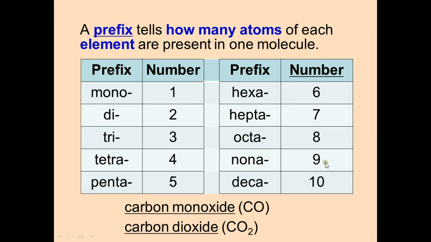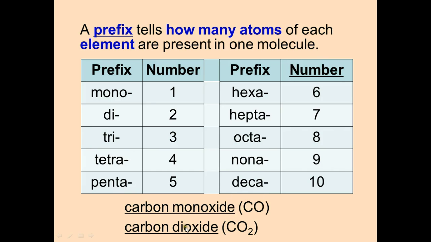Nona is 9, like a nonagon, and then deca is 10, like a decagon. So these might be familiar to you from geometry class. If you know octagon, triangle, pentagon, heptagon, hexagon, you would be pretty good at remembering this. It's the same exact thing.